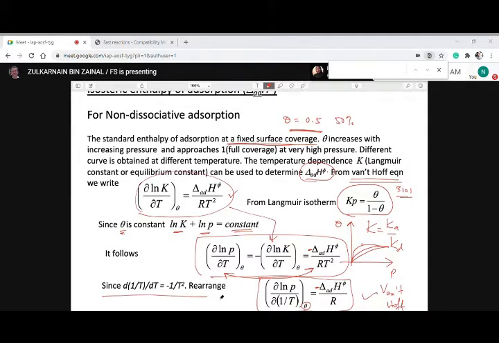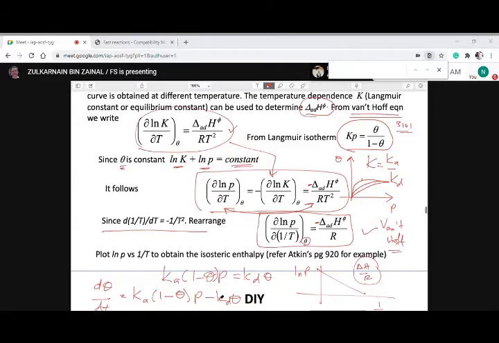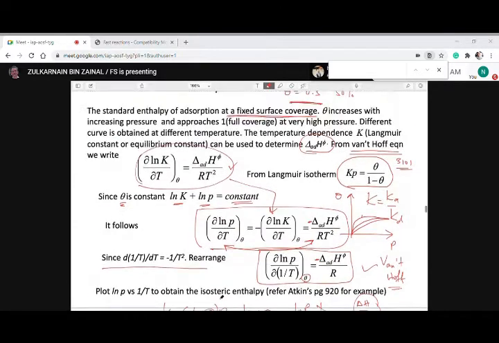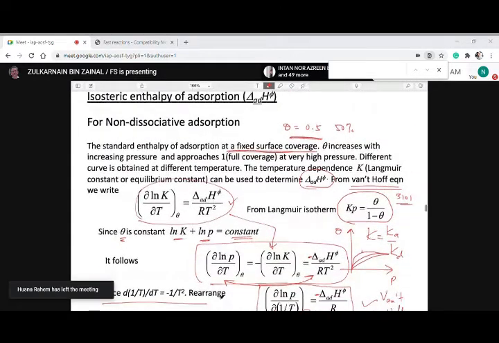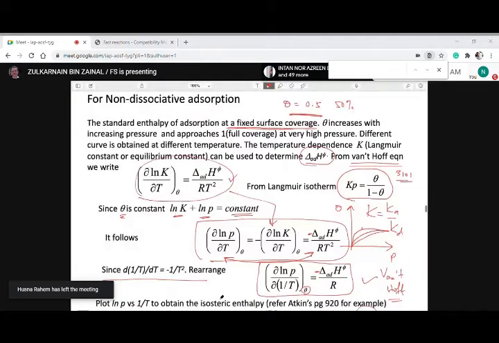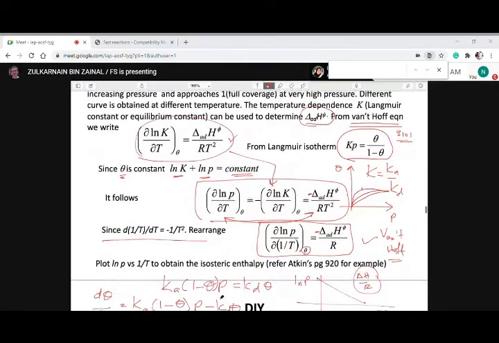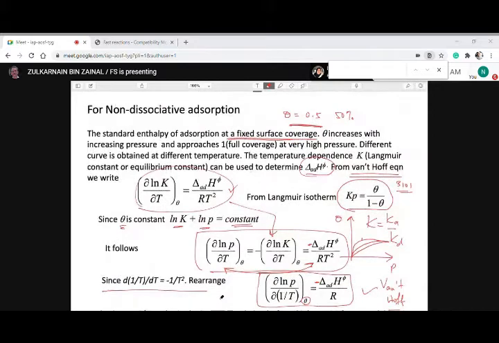For that fixed phase coverage, we can determine the value of delta H, which is the purpose of this part on the isosteric enthalpy. We can determine the value of delta H at any value of theta, meaning that the theta will be constant.